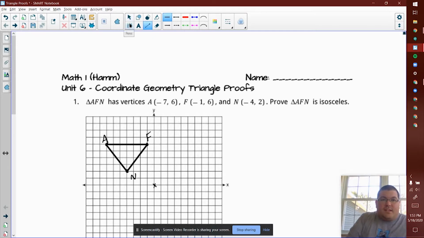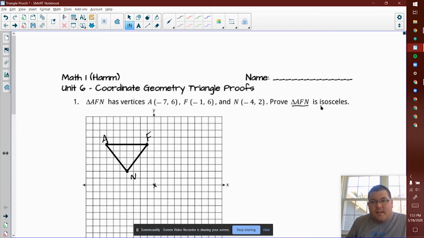And now the task at hand, what we're asked to do is to prove that triangle AFN is isosceles. Well, thinking back to our initial lessons about triangles, what does it mean for a triangle to be isosceles?